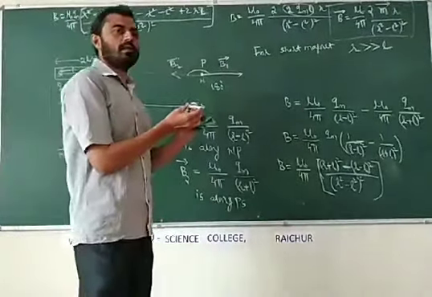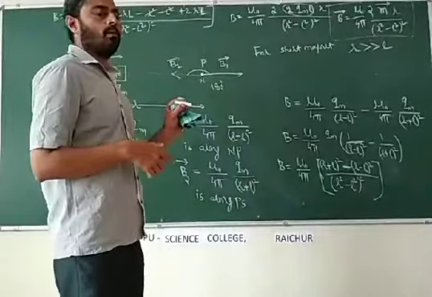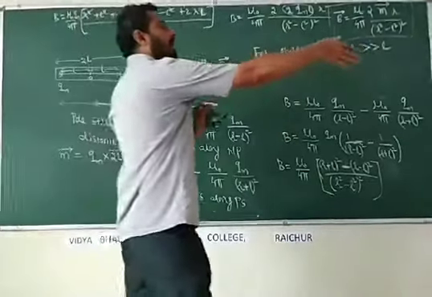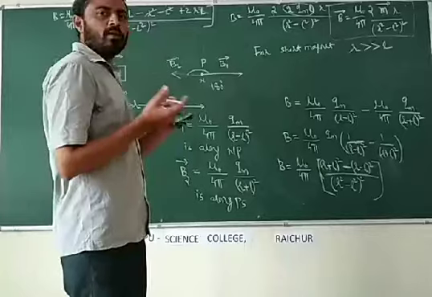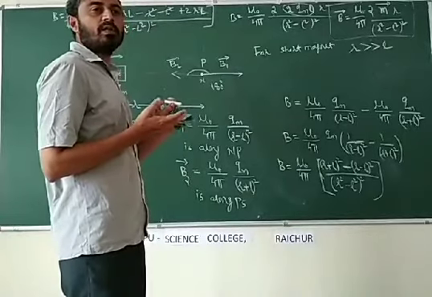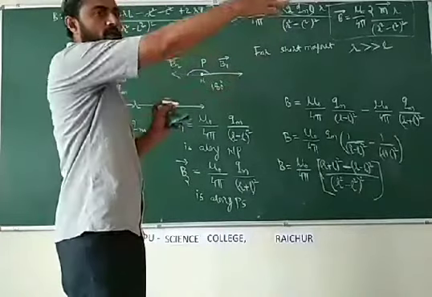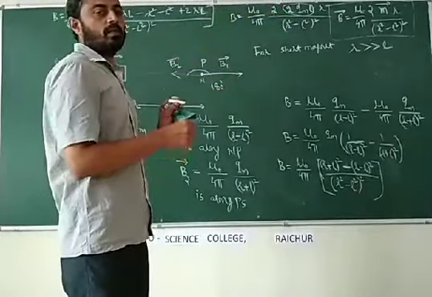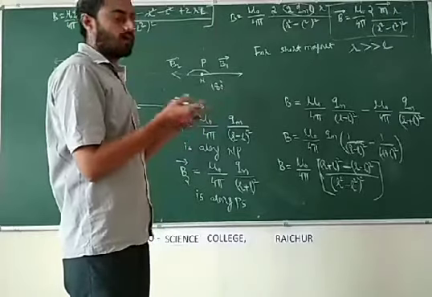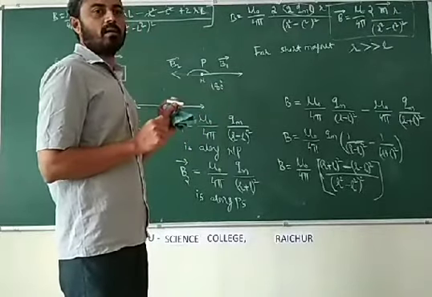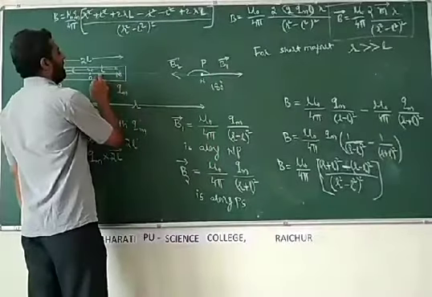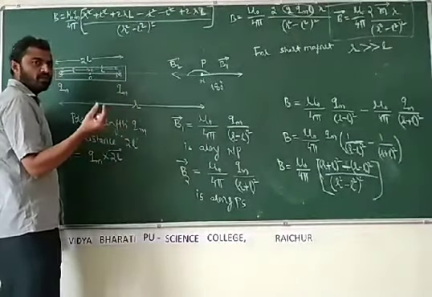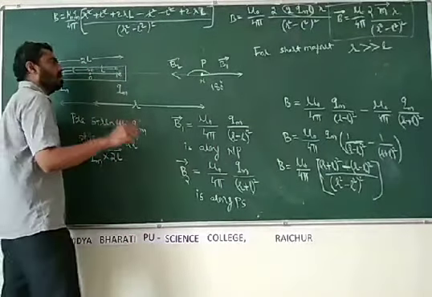You can imagine it is of 2 centimeter, but we are measuring a point at some 20 centimeter away. It means that the distance r is 10 times greater than the length of the magnet. In such cases, this magnetic length, which is only 2 centimeter, can be neglected.